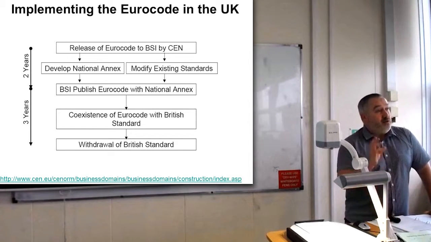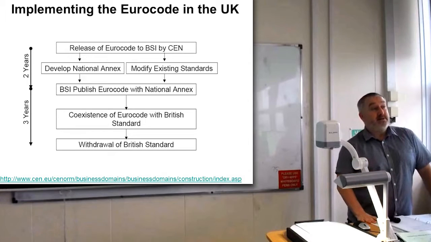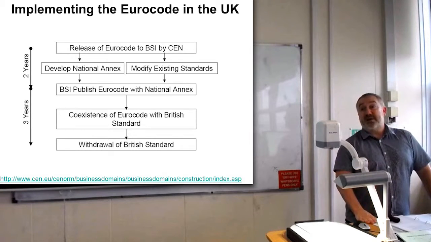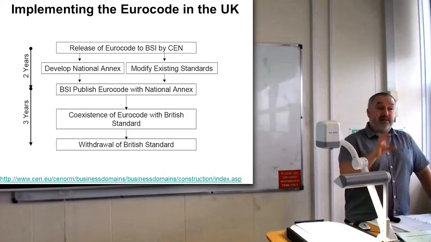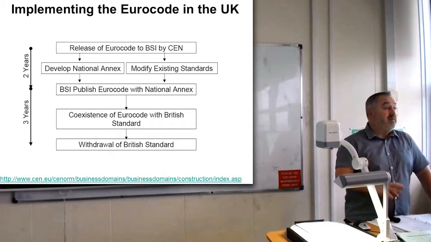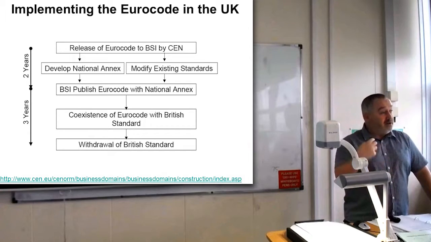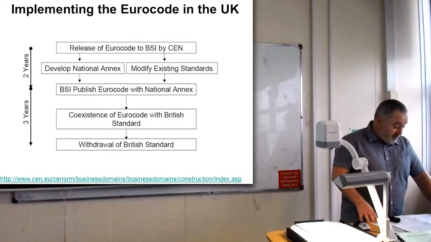Those who work with public bodies had a requirement to work to certain regulations, so therefore they had to adopt it. But the private structural engineers who work for private owners, there's no need to adopt them, so they weren't taking them on board.